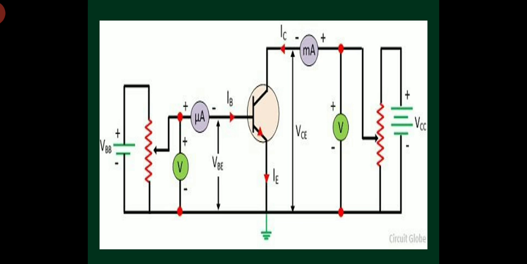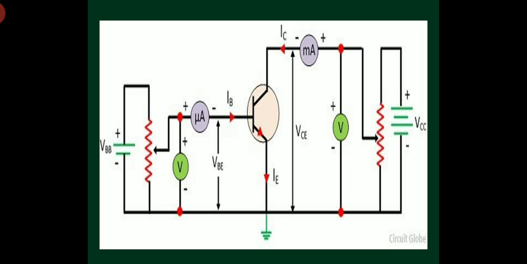In the common emitter configuration, the input current is IB and the input voltage is VBE, the junction voltage, which is the input voltage for the transistor.